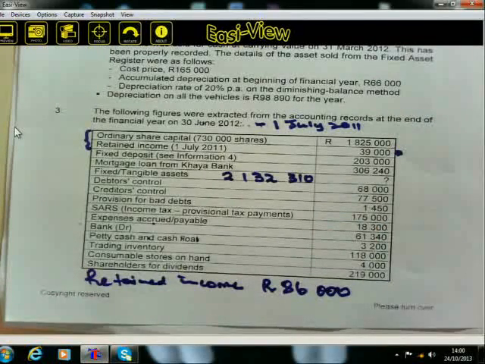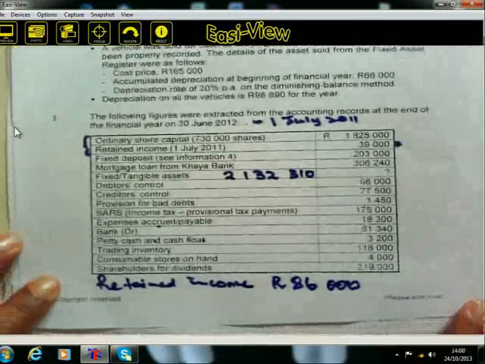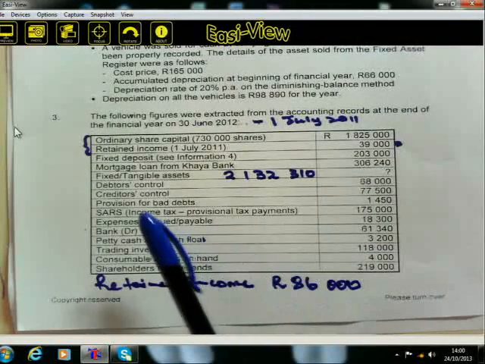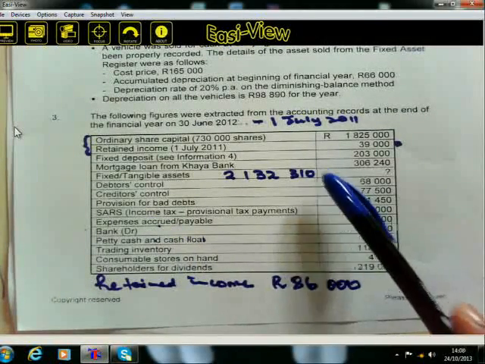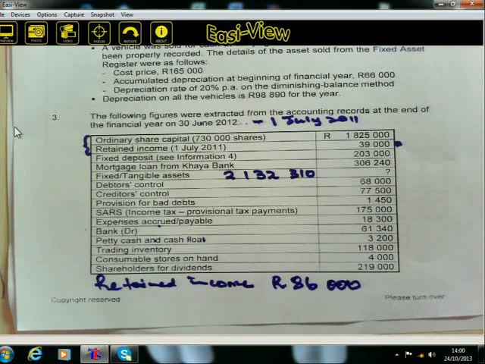I'm trying to save time for the balance sheet so that we can focus on it, because really we'll need these figures when we prepare our balance sheet.